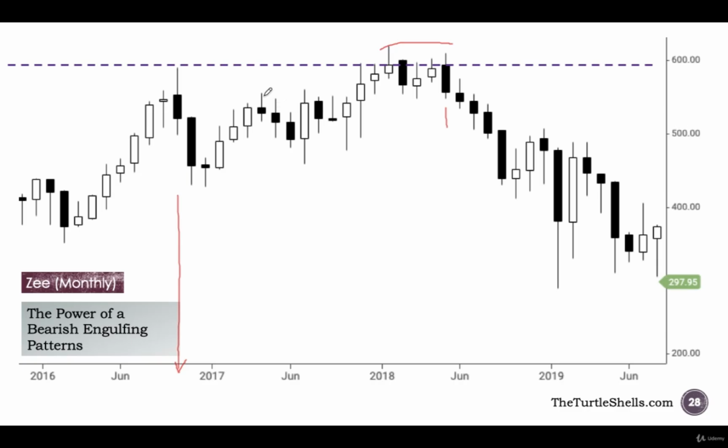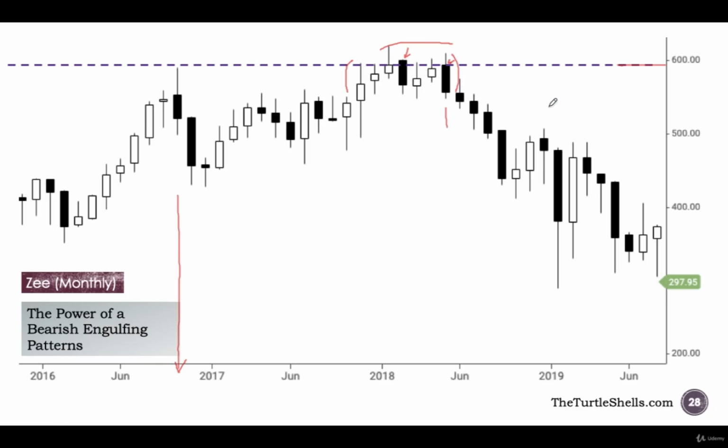Even after 1.5 years, show me one candle here which has closed above the 600 level. Okay, this is the purple dotted line. There is not a single candle which has closed above the 600 level. Not even this candle. This candle came very close, but it is not a decisive close. These two candles have opened at that point, but decidedly closed below that 600 level in that month.